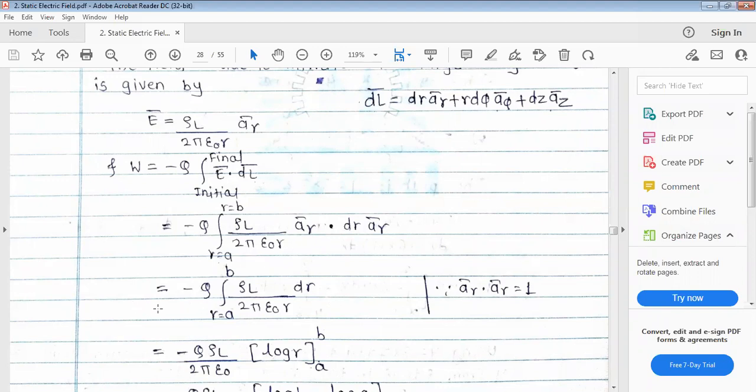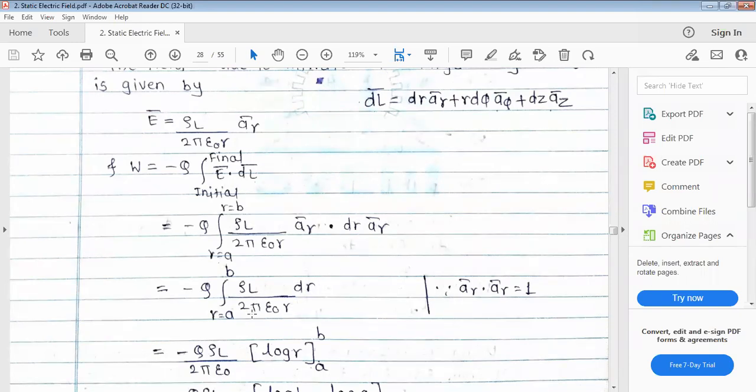So I write minus q into the integration. The initial position is R equals A, and the point is moved from R equals A to R equals B, so the final position is B, of rho L divided by 2 pi epsilon 0 R, with A bar R dot A bar R equal to 1. Therefore only dr is there.